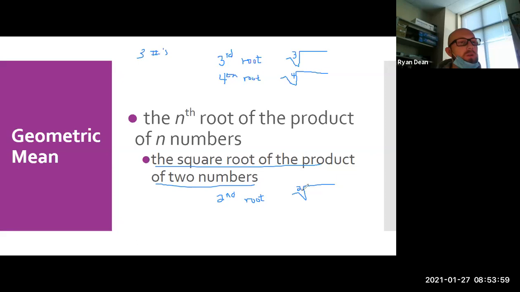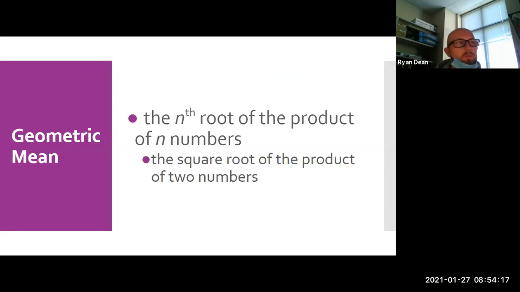You can put the 2 here, but you don't really need the 2 because it's assumed that with the square root we're going to the second root, or taking the 1/2 power. The second part of this is the product of two numbers. Product is simply multiplying.